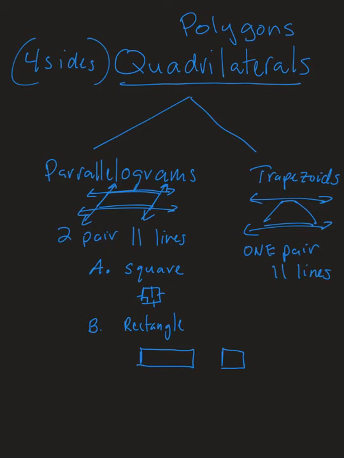But we also know that with a rectangle, opposite sides are equal. So even though a square has all equal sides, the opposite sides of a square are equal. When that happens, we call that a rectangle.